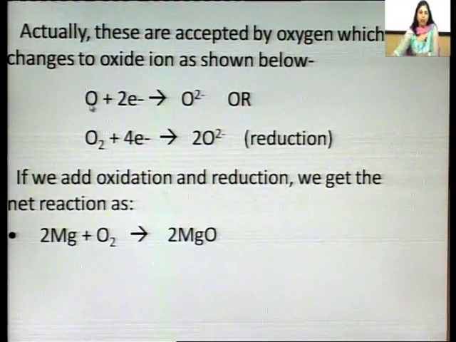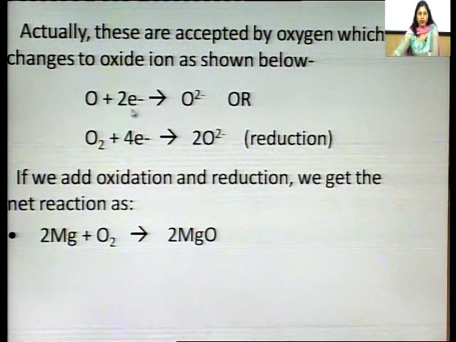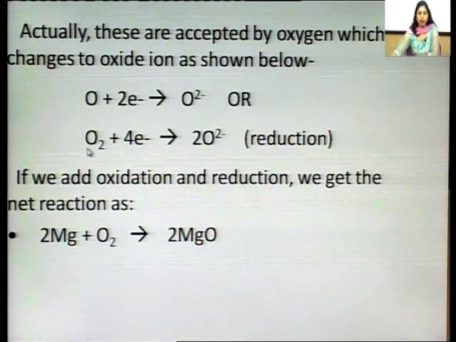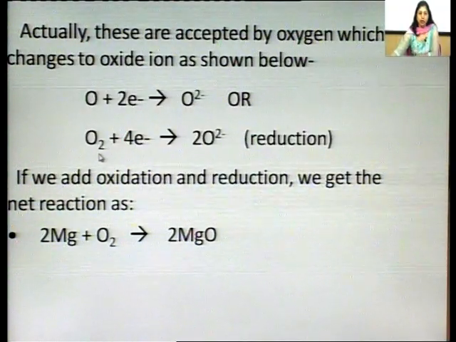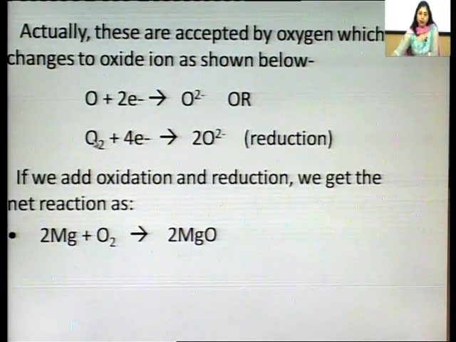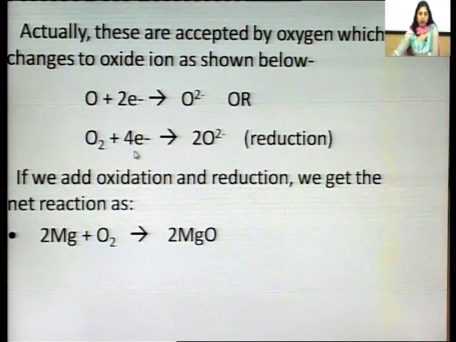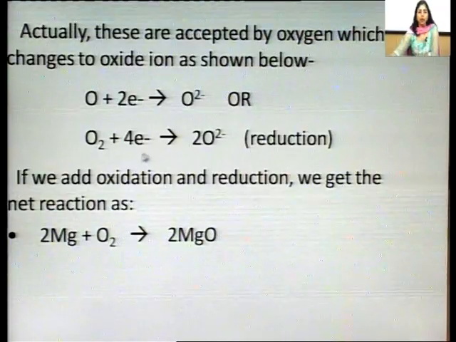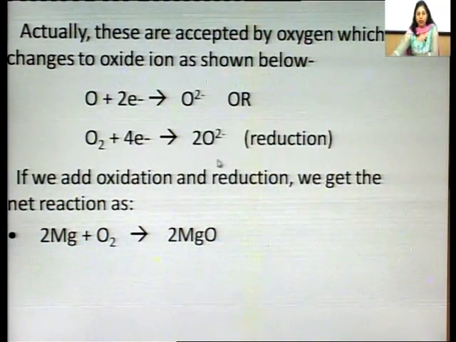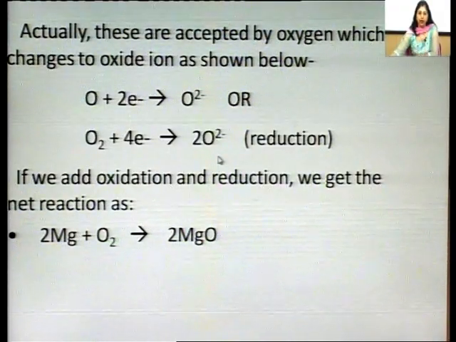As one atom of oxygen needs two electrons for the formation of oxide ion, but as we already know, oxygen always exists as O2. So, two atoms of oxygen will require 4 electrons for reduction, and they will change into 2 oxide ions.